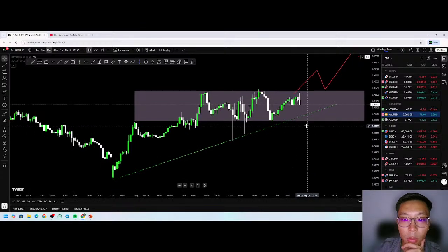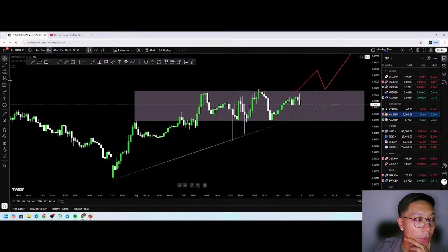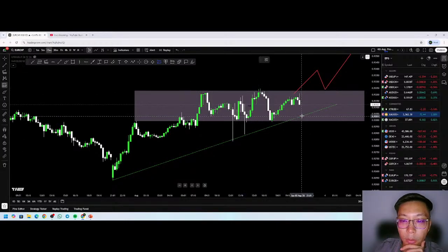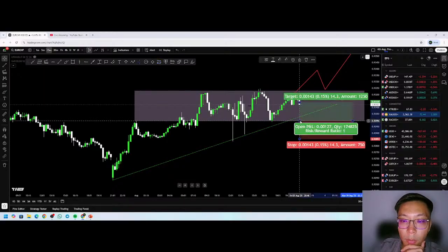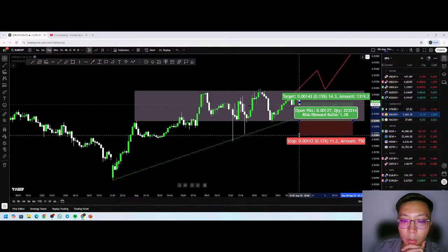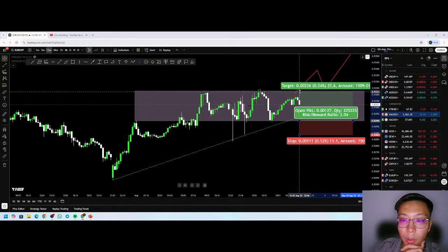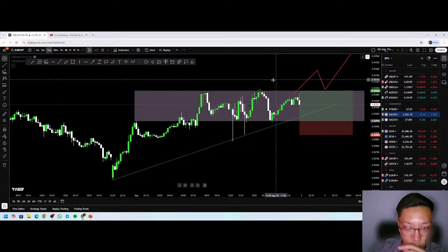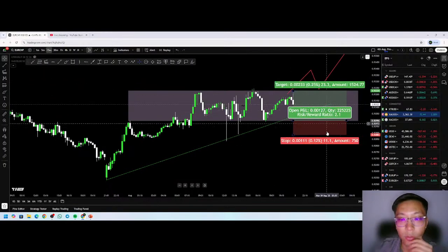So this is my zone. If you want to take a risky position, you can enter off slightly maybe this area here, right? Stop loss placed below here, target back to this high. Very simple 1:2 risk to reward ratio.